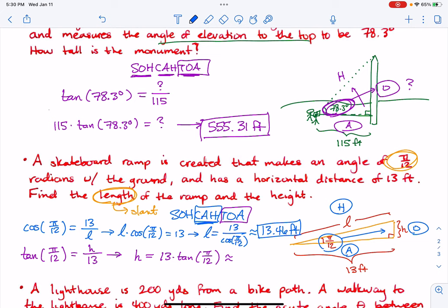That's what we expect. This one should be pretty tiny, right? So 13 times tan of pi over 12. Yeah, this is 3.48 feet. Bingo. Right, so it's a very shallow ramp here.